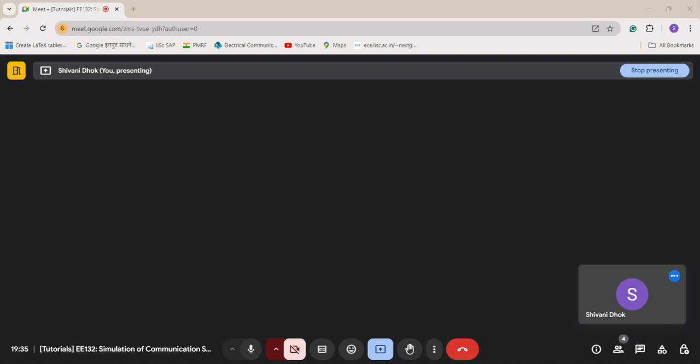transmitted. After that, add noise to the transmitted symbol. Okay, so for that my noise will be equal to square root of N naught multiplied by randn N comma 1, and then my y will be equal to SM plus n.